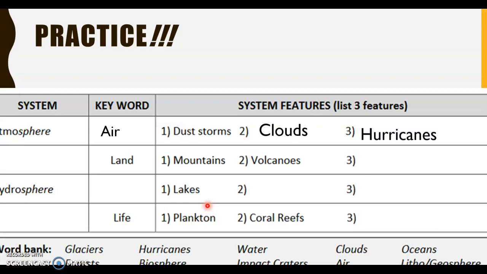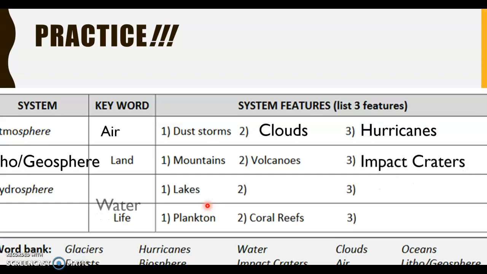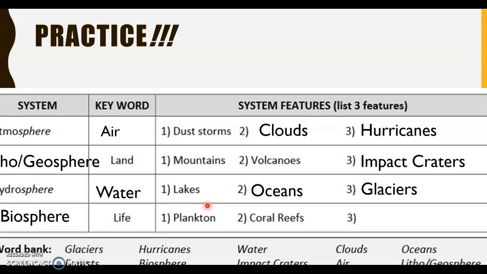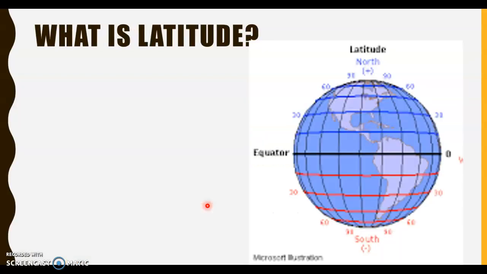Not all, but some. All right. So lithosphere, geosphere, hydrosphere, hydros, water, the lakes, oceans, and glaciers. The biosphere is life, plankton, and forest. All right, so pause and make sure you write that down.